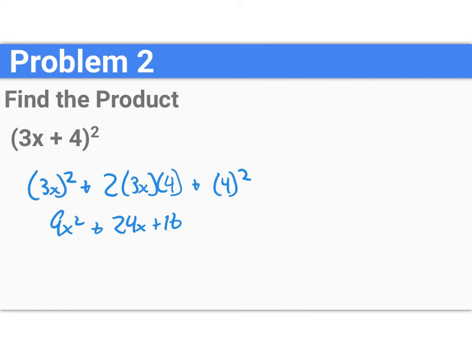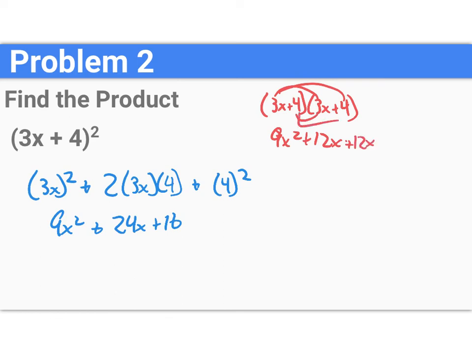And if you want to see it the other way, it's 3x plus 4 times 3x plus 4. You get first 9x squared, outers plus 12x, inners plus 12x, last plus 16. 9x squared plus 24x plus 16.